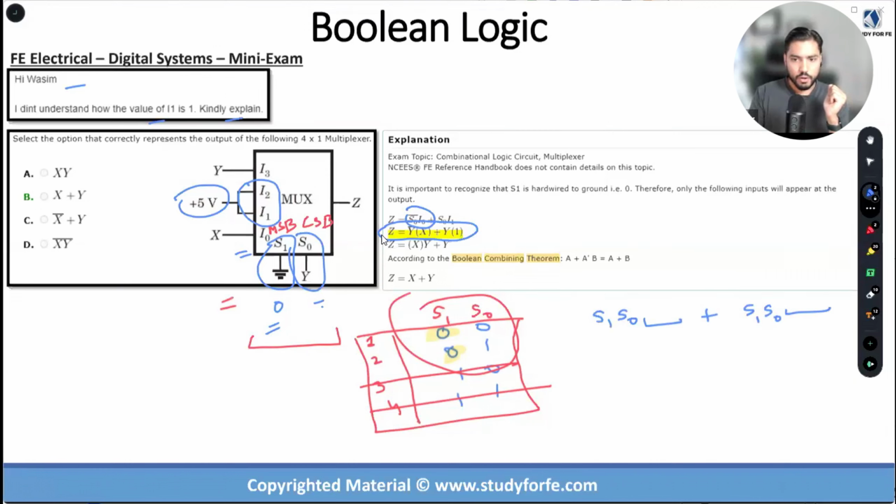So these are the only two possibilities, correct? Now, as far as S1 is concerned, let's say that we are entertaining the first scenario. What do I need to do with S1 and S0 when they are 0, 0?